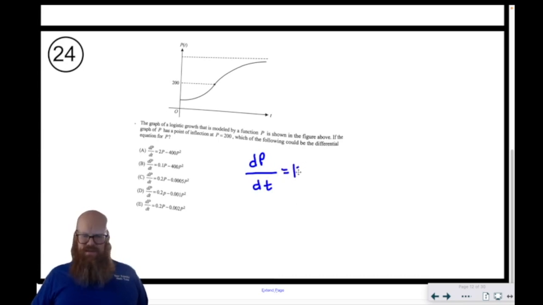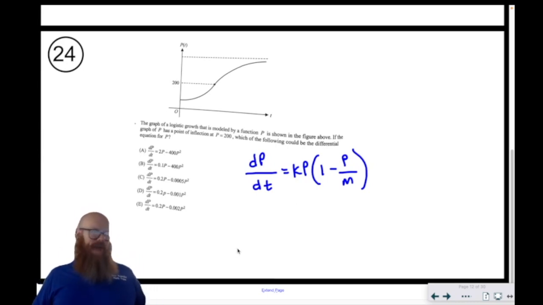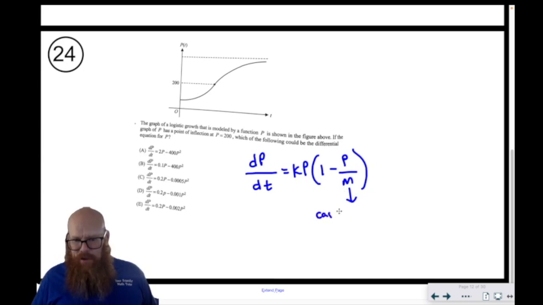Is the value of m. So this value, when it's in this form, this value m is called our carrying capacity.